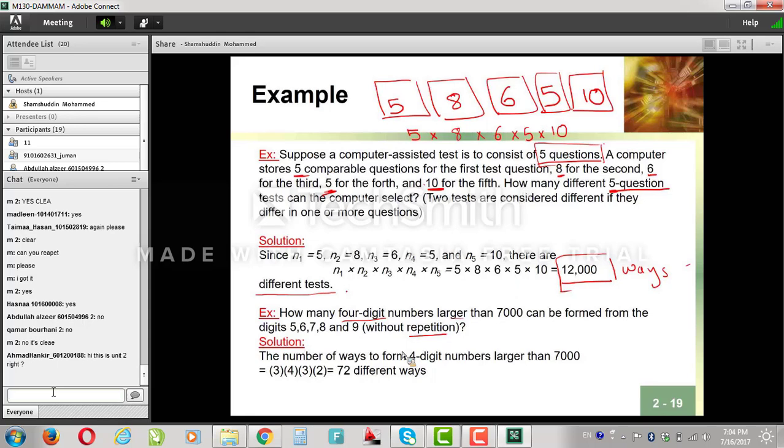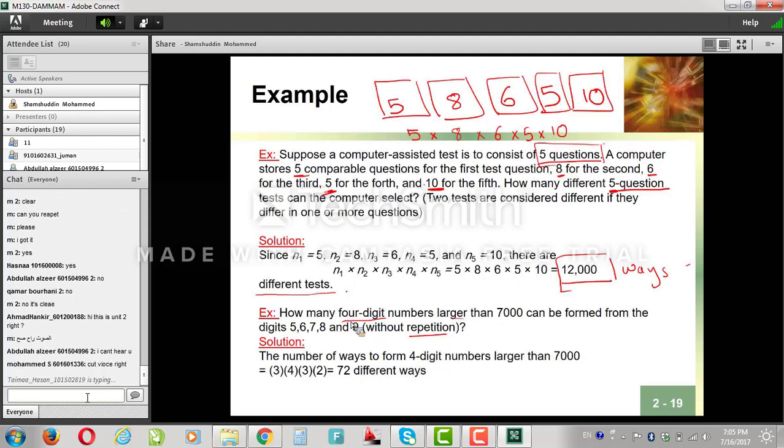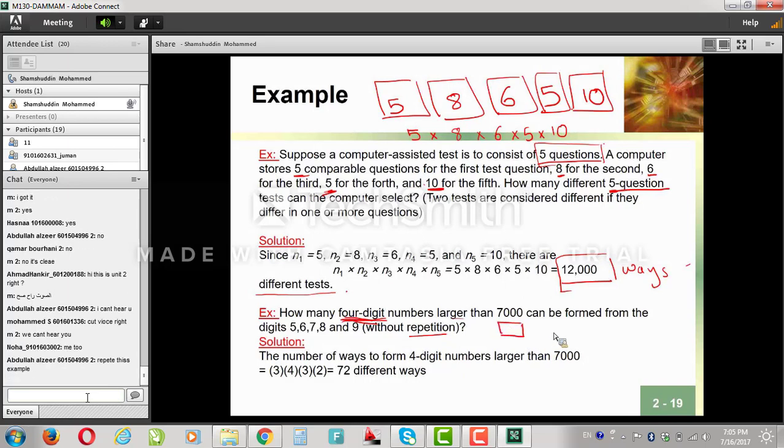We have the following theorem. We are talking about the number of distinct permutations of n things, of which n1 are of one kind, n2 of the second kind, n3 of the third kind, so I have n things divided into n1 things, n2 things, n3 and so on until nk.